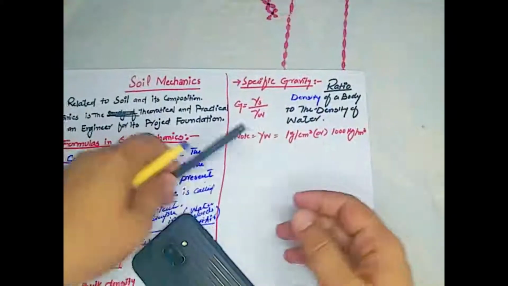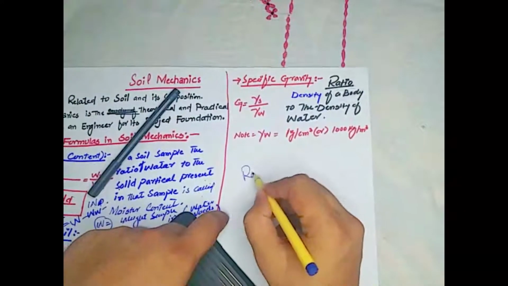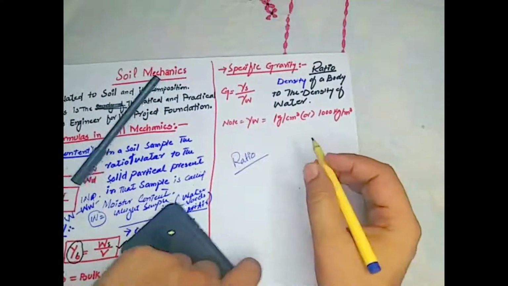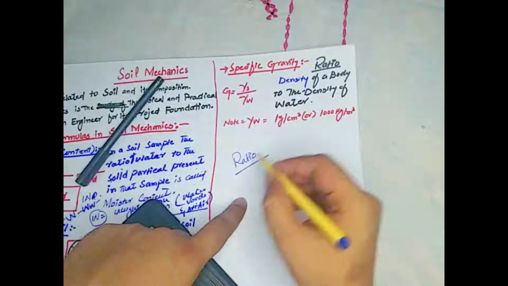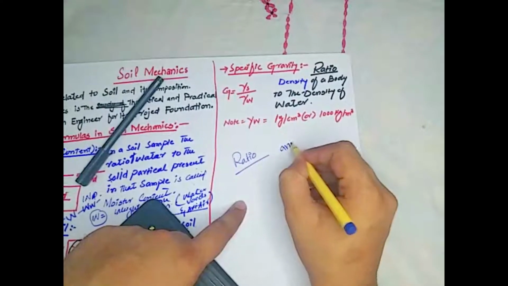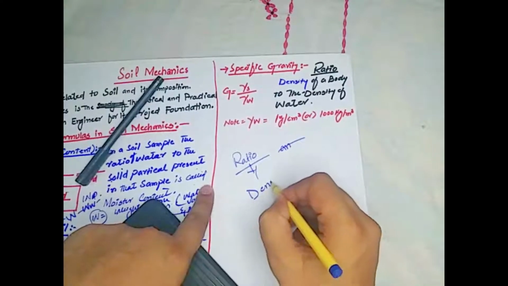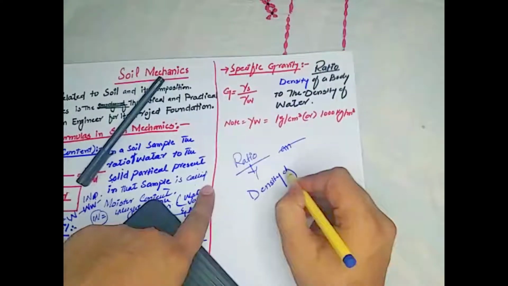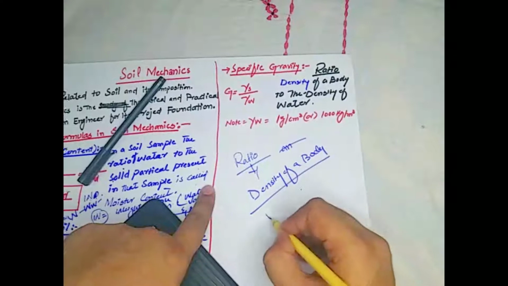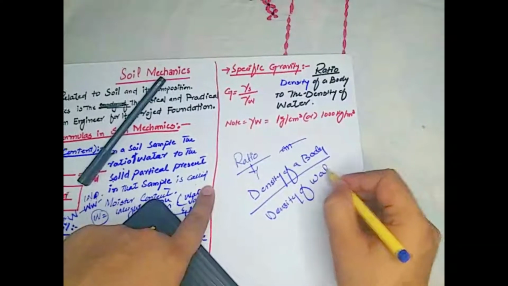Specific gravity is normally the ratio between the density of a body divided by the density of water.